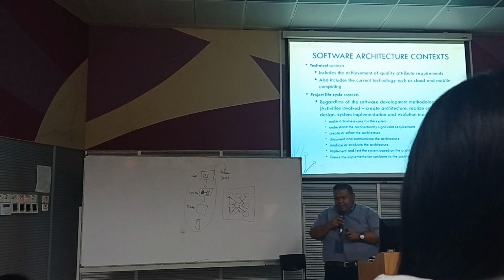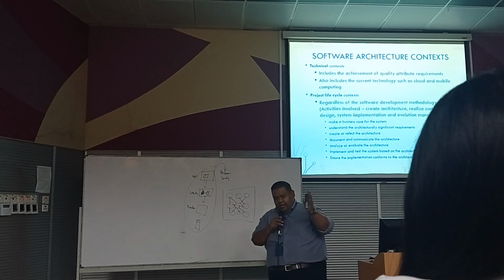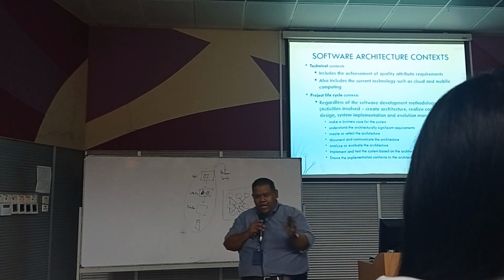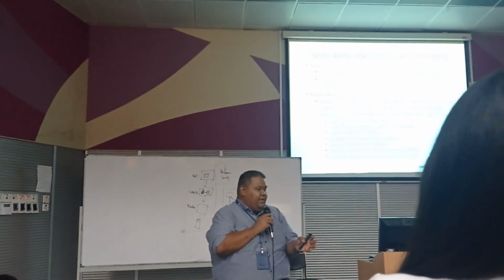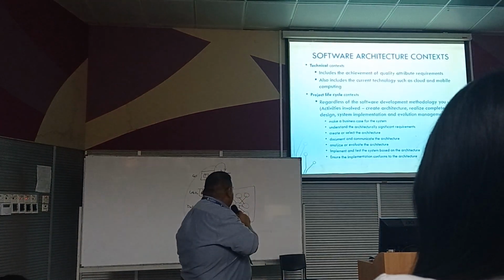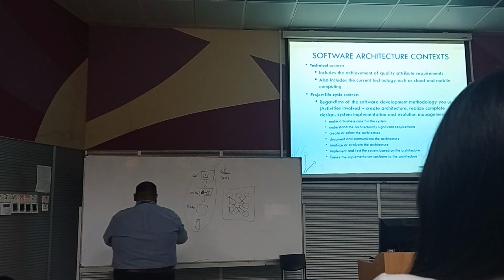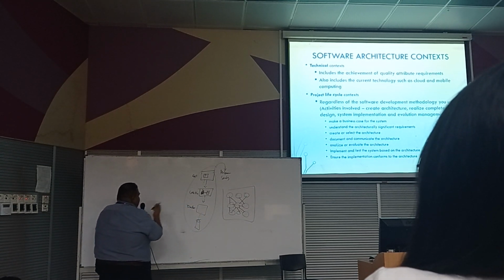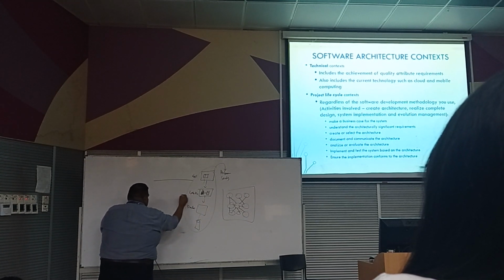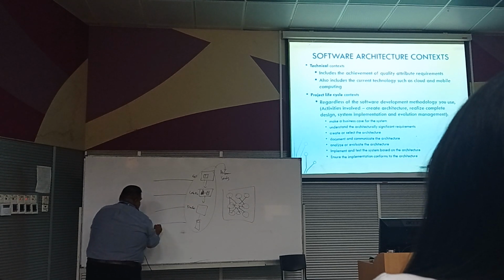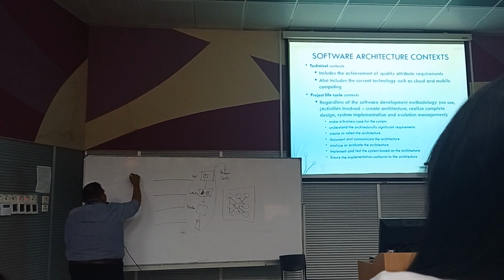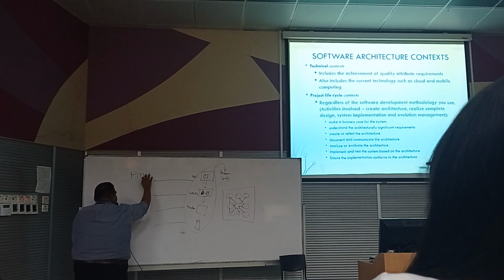This is what I mean when I say that when you make a decision on which architecture to choose, how does it affect other parties in the software development project? When you choose an architecture, this architecture will affect 4 parties. First, your project management.